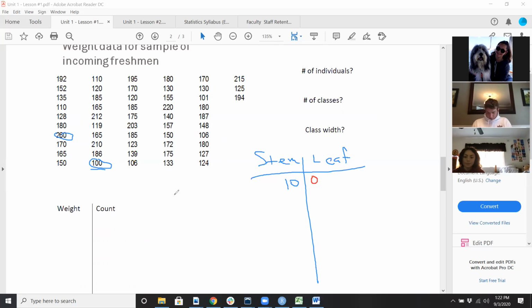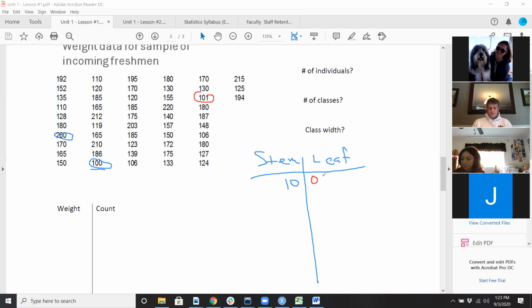Now, what's the next highest number after 100? If you look at the data carefully. 101. So now I'm going to put a 1 here. This represents 2 numbers. The stem for both numbers is 1 and 0.